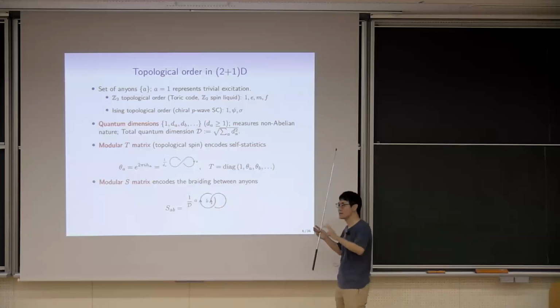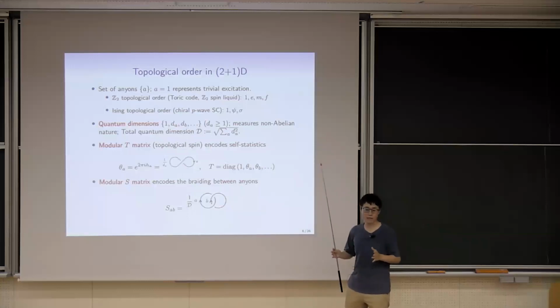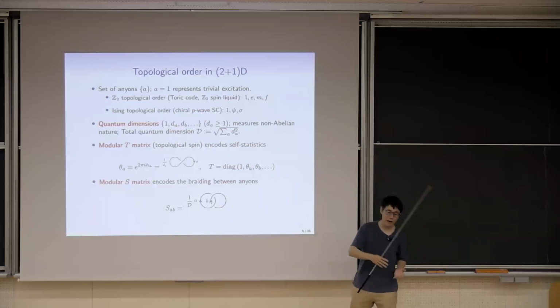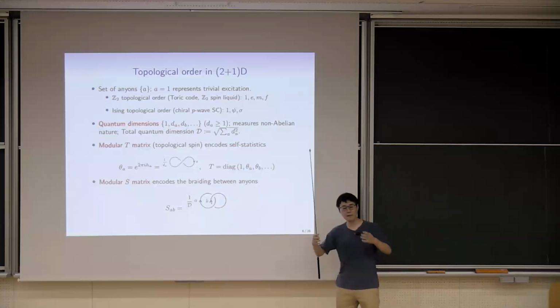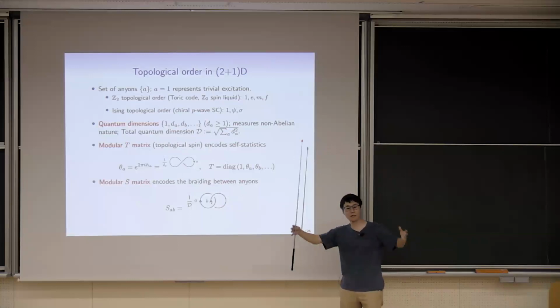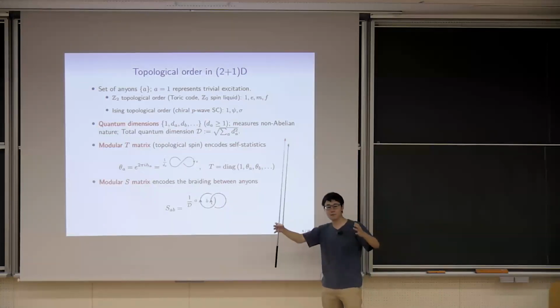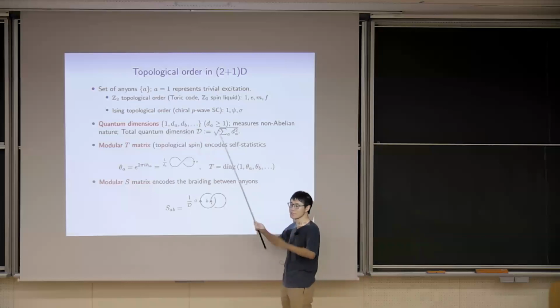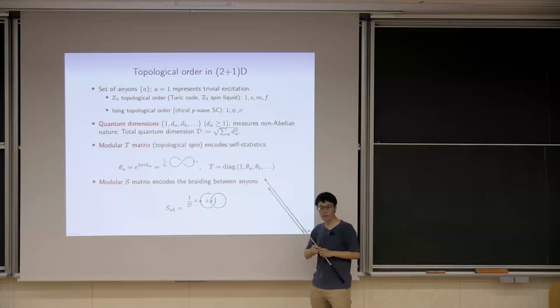As I said, anyons can be either abelian or non-abelian. Being non-abelian means for a given location of anyons, I have multiple states. So you can think about the dimension of the space spanned by these non-trivial states. Basically, D measures the Hilbert space dimension of anyons for fixed positions of these anyons.